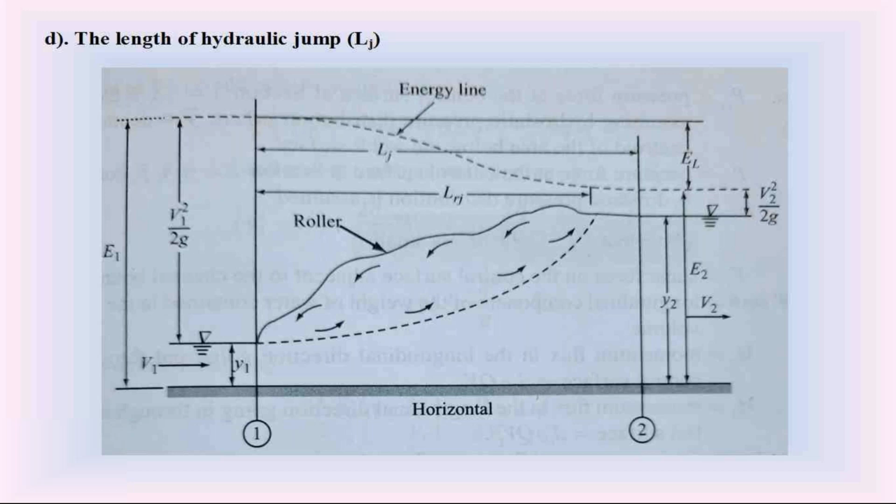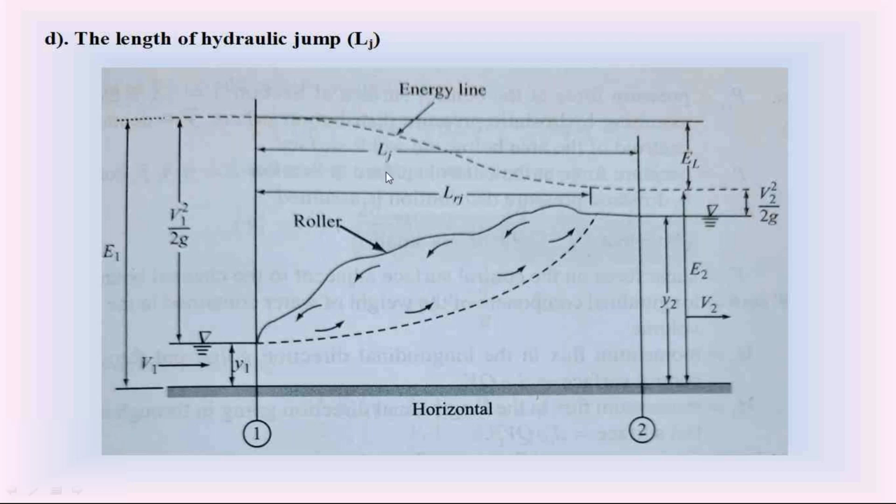So many scientists across the world conducted a lot of research on hydraulic jump, and based on their observations, they proposed one equation to calculate the length of the hydraulic jump.